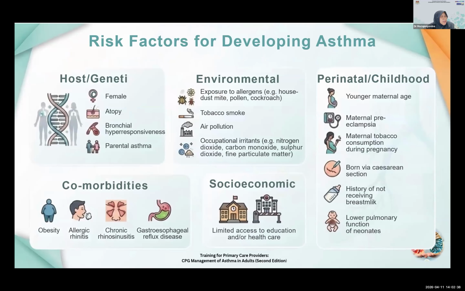Why female? Because we have an abundance of sex hormones, estrogen and progesterone, which can affect our immune response and inflammatory pathway. Estrogen also enhances interleukin, which can increase eosinophilic activity. And progesterone increases airway hyperresponsiveness, so it modulates the beta receptor function.